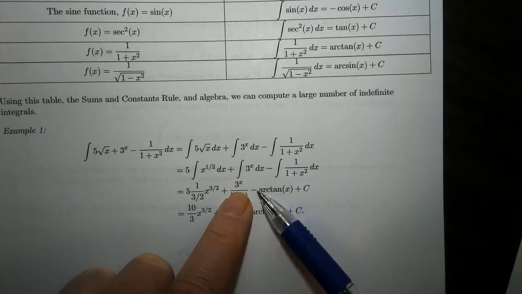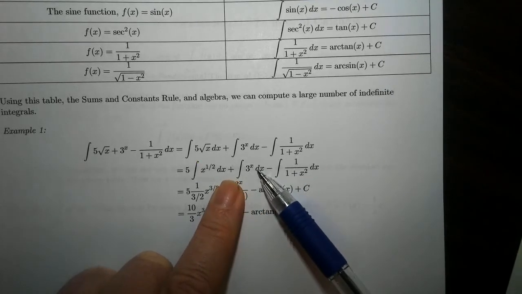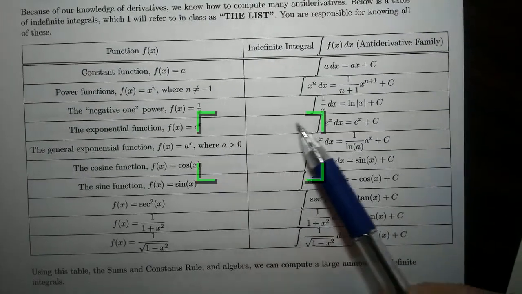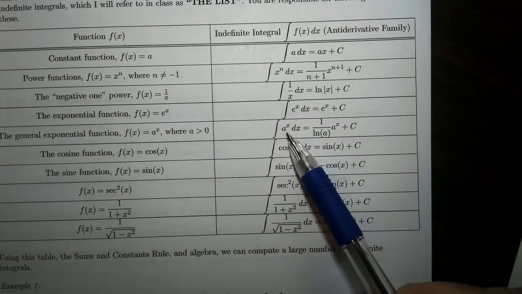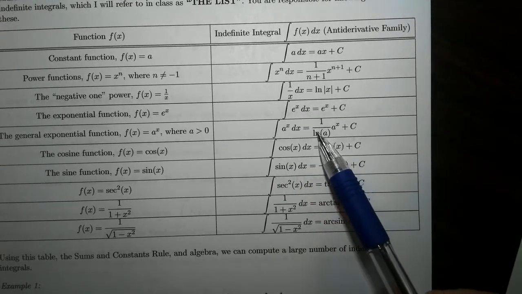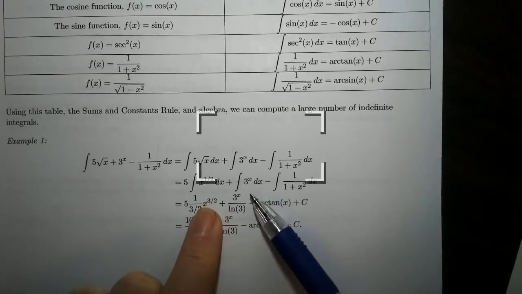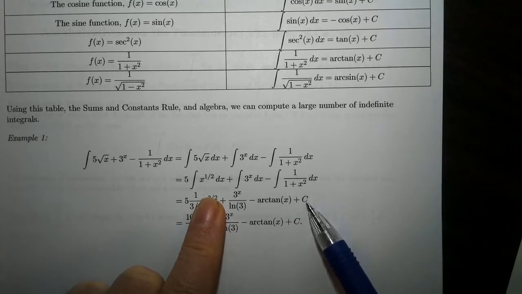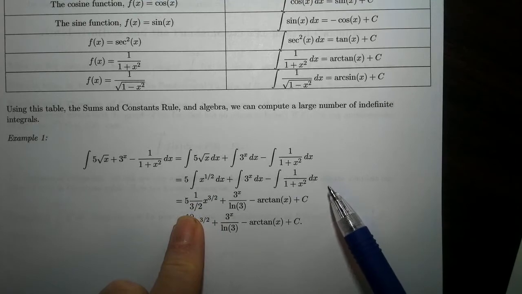That minus sign is coming down there. The family of antiderivatives of 3 to the x: in this case, a would be 3, so we'd have 1 over the natural log of 3 times 3 to the x plus a constant. Now we've already added a plus c in, so we really don't need to add another one. We can sort of lump them together.